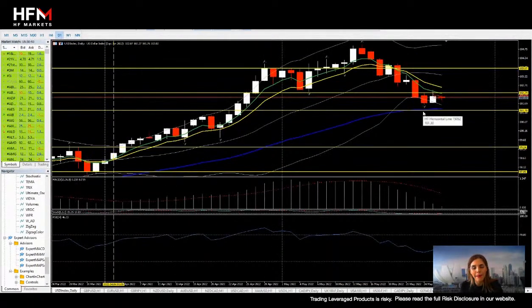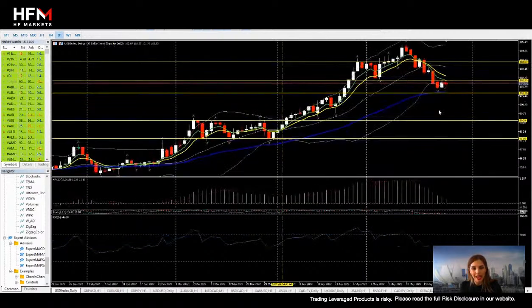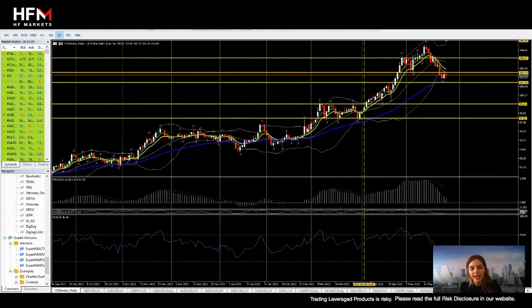So that might explain from a technical perspective why this decline is struggling to extend further lower. The 50-day moving average is a very important support level, because if it breaks, considering that it has supported the dollar pretty well, any breakout below that level could open the doors to 99 or even 97 territory.